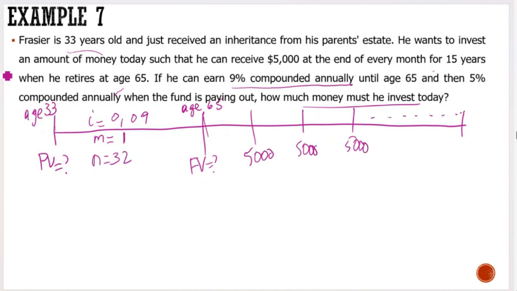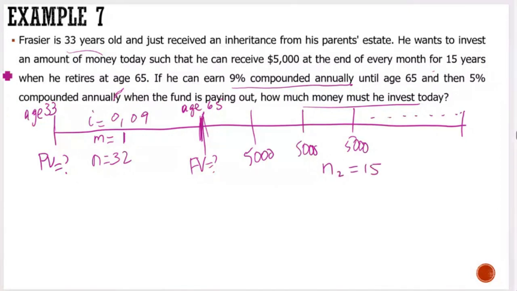After he retires at the age of 65, every month for 15 years. So if he puts this into an annuity for 15 years, your N2 here is 15.